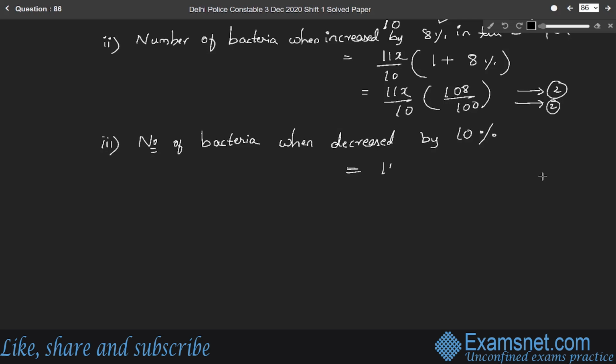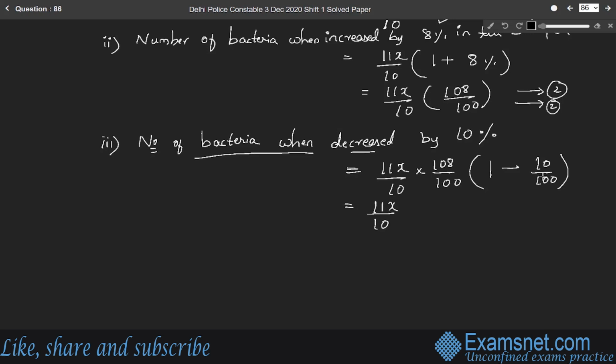So it becomes 11x by 10 into 108 by 100 into 1 minus, because number is decreased here in the third year, 1 minus 10 by 100, or 1 minus 10%. So it becomes 11x by 10 into 108 by 100 into 90 by 100. Consider this as equation 3.